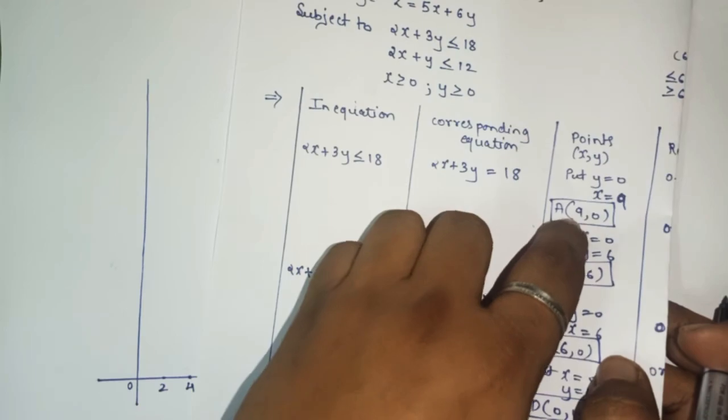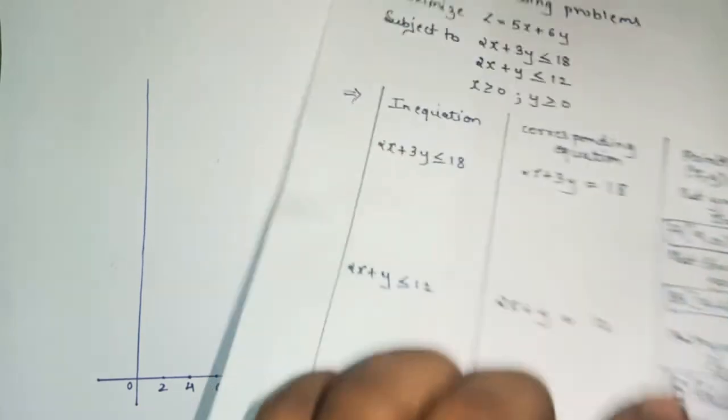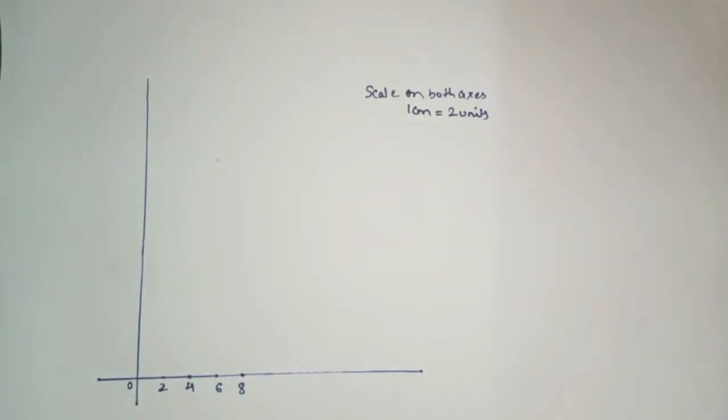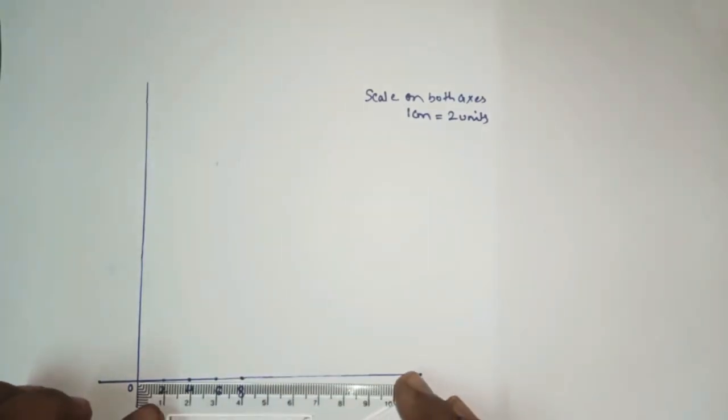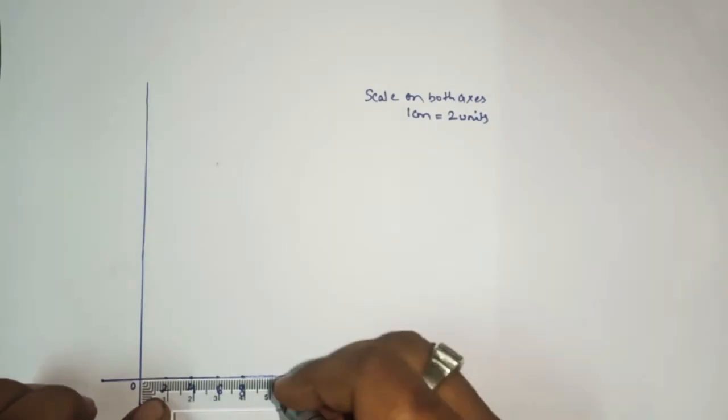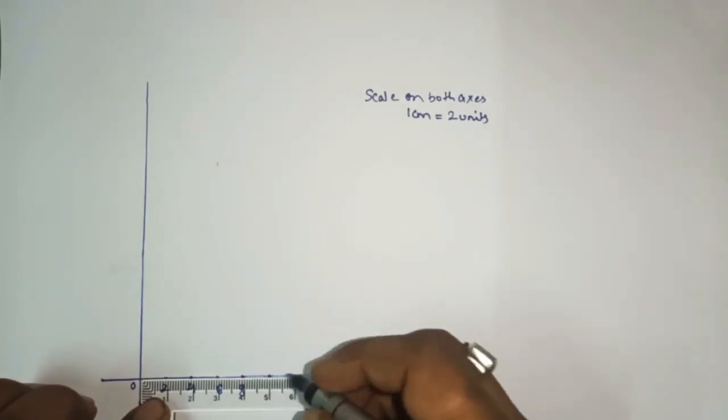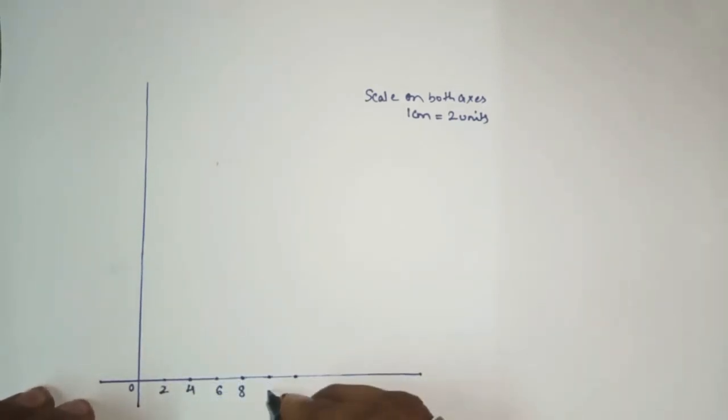So the highest value for the x coordinate is what? 9. So we'll take till 10, and till 12 we will write. Okay, so 10 and 12.